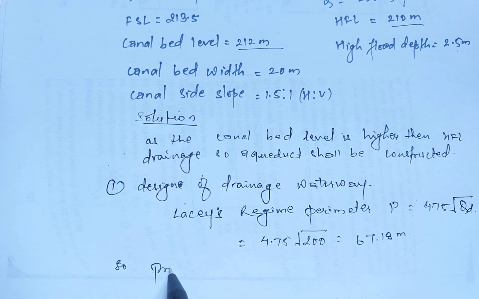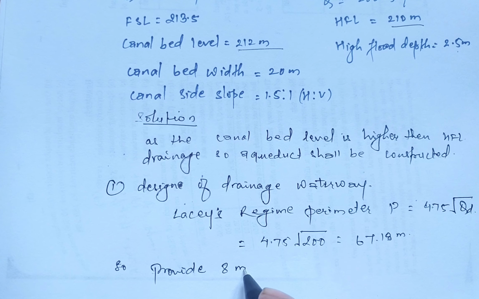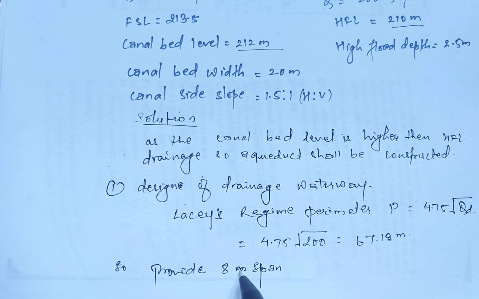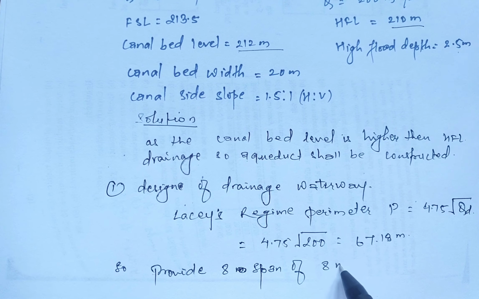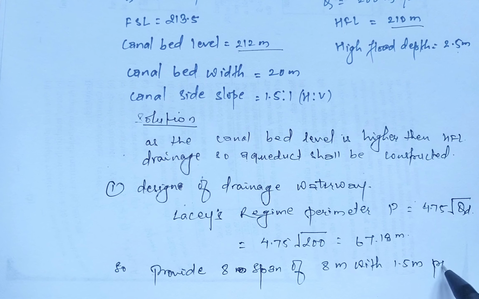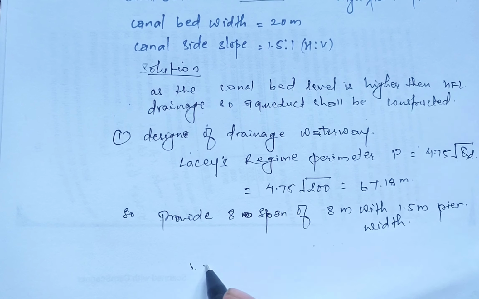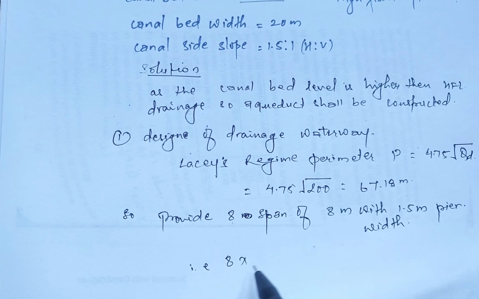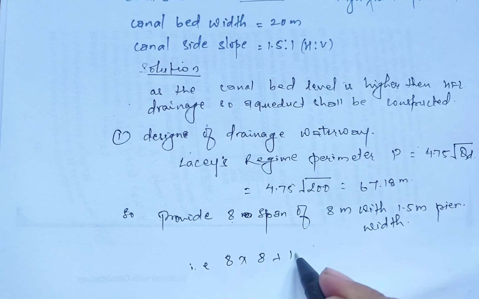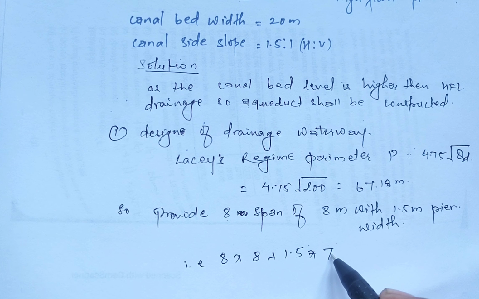We'll provide 8 times 8 meter width plus 1.5 times 7, because there will be 7 piers in between.